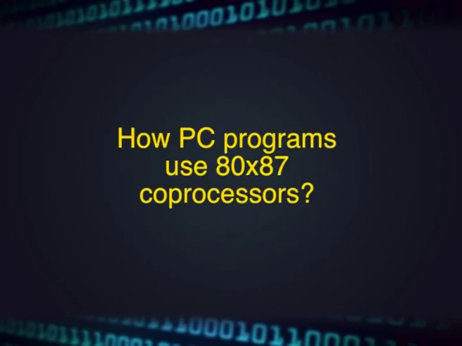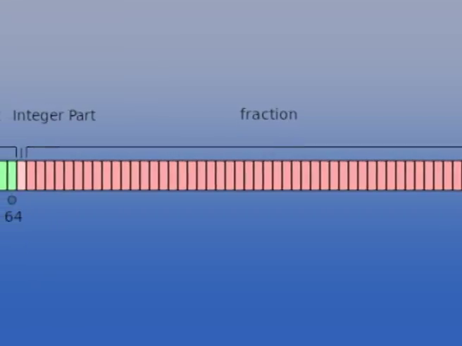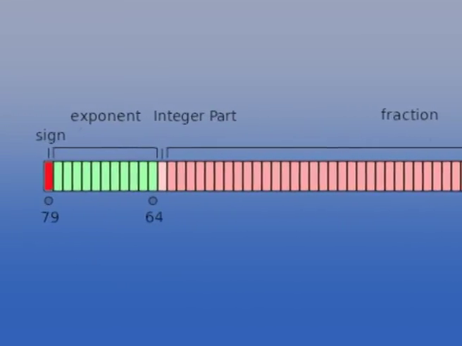Next, we discuss how personal computer programs make use of 80x87 coprocessors. The basic data type used by all coprocessors is an 80-bit long floating point number.